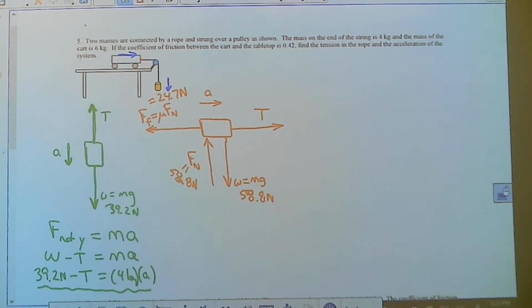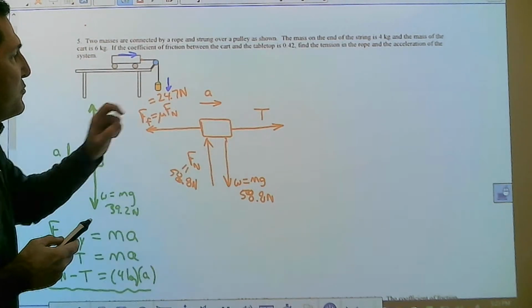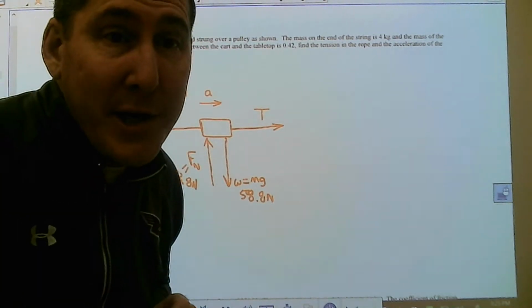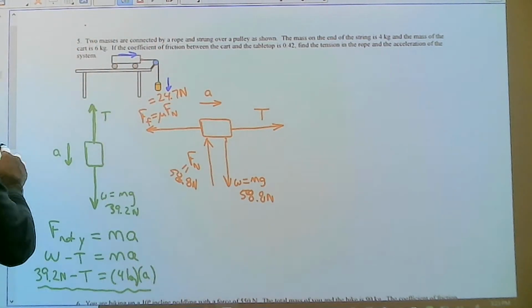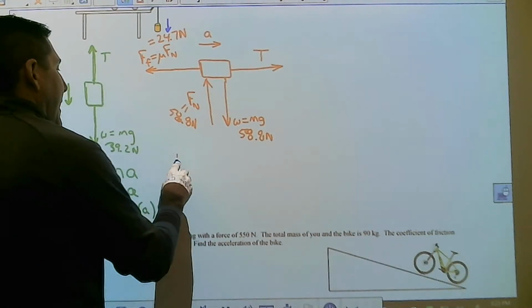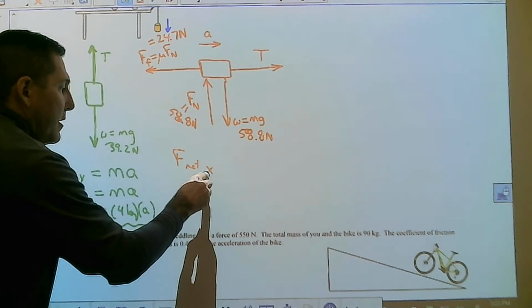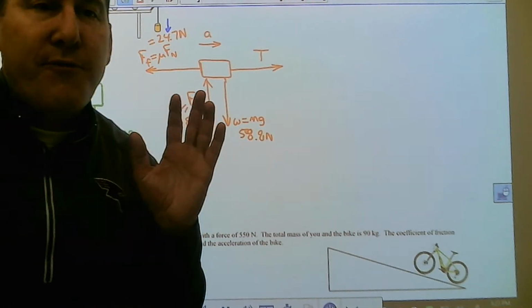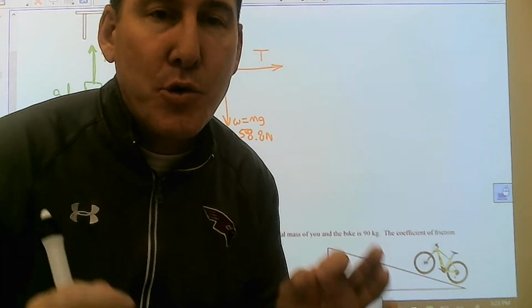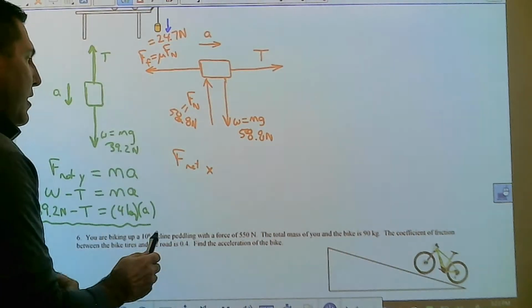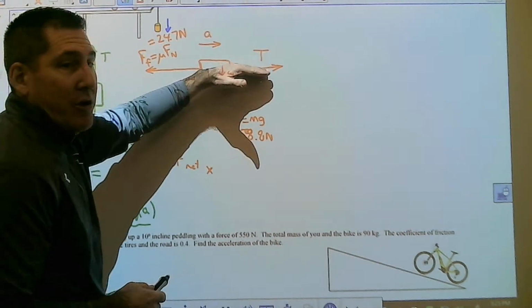There's my free body diagram for the tabletop problem. What's different is this is moving in the x direction, not the y direction. So when I total out my forces, F net in the x direction, we only analyze the forces that are affecting the actual acceleration. It's part of Newton's second law. So it's moving horizontally in the x direction.